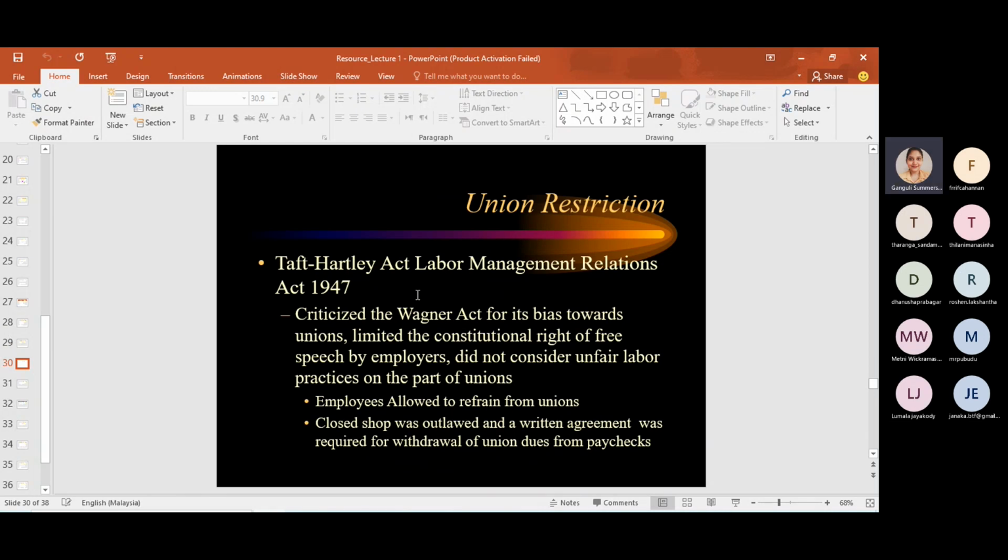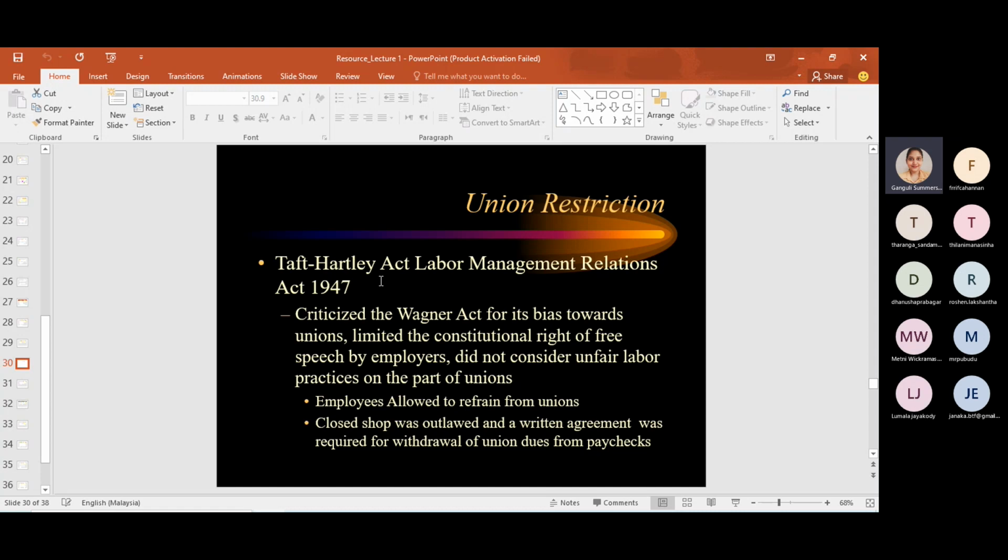So the Wagner Act that we discussed earlier was a little bit biased towards unions. And this Taft-Hartley Act criticized the Wagner Act for being biased towards unions, and this act also limited the right of free speech by employers.